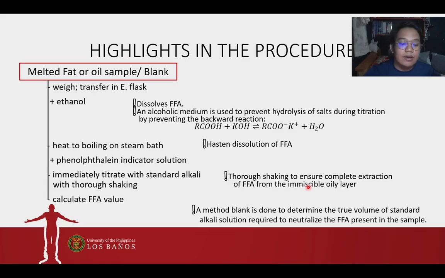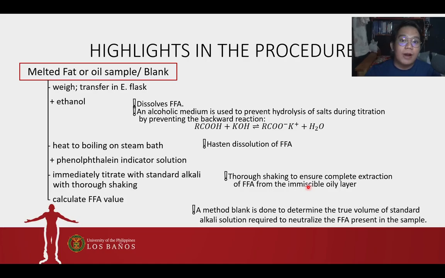Ika-calculate na agad natin yung FFA value from the data gathered from the volume used from the titration and the mass of the oil from the weighing part.